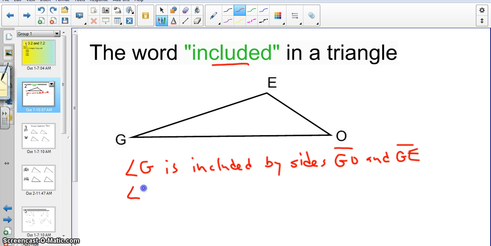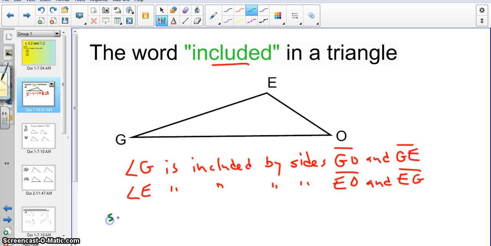So if I'm referring to angle E, it is included by sides EO and EG. We can also do the same idea if we're referring to sides.